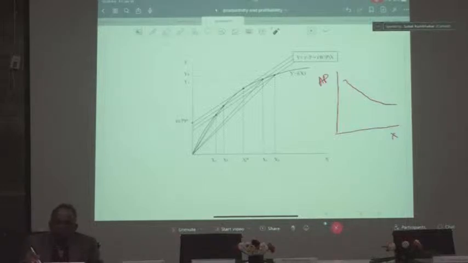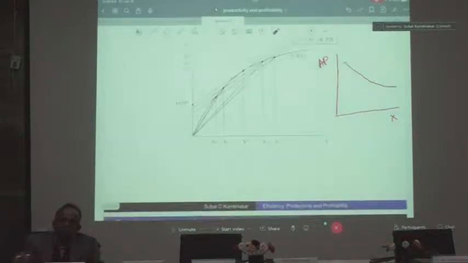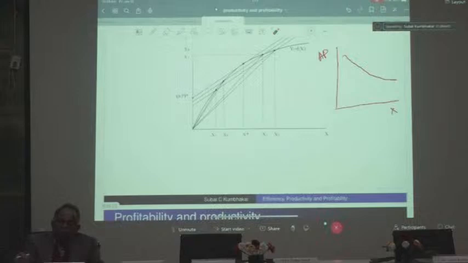One is what is happening to average product or productivity, and the other is what is happening to profit. So if your objective, and that's what we always do, is to maximize profit, then the firm should use the amount of resources up to X star.